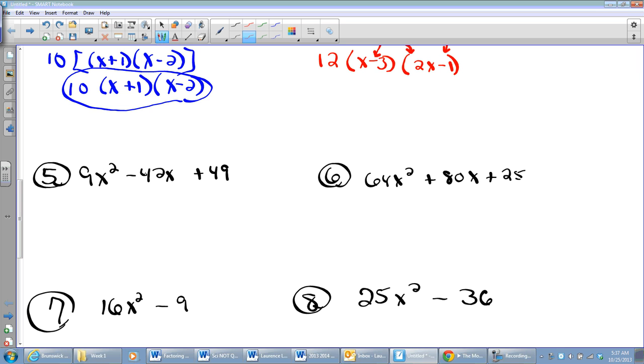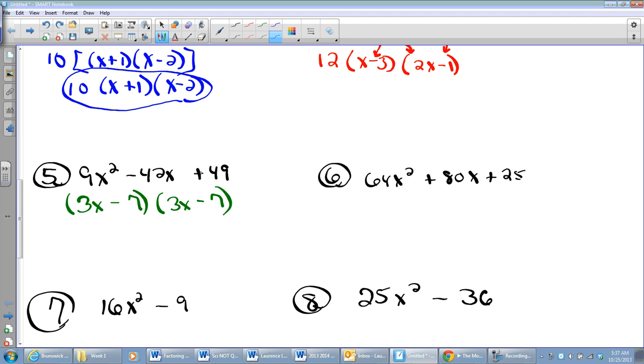Okay, let's look at some special patterns here. Now, there's no GCF hiding in these. Yeah, there's no GCF. But if I go to factor number 5, I can do it super quick. In fact, I know number 5 is going to factor like this. How do you suppose I did that so fast? Well, what do you know about 49?